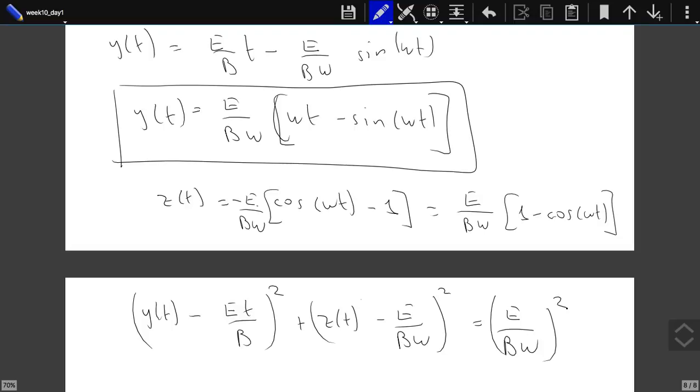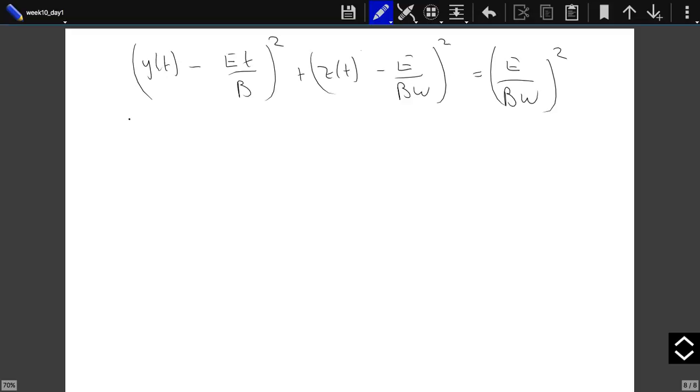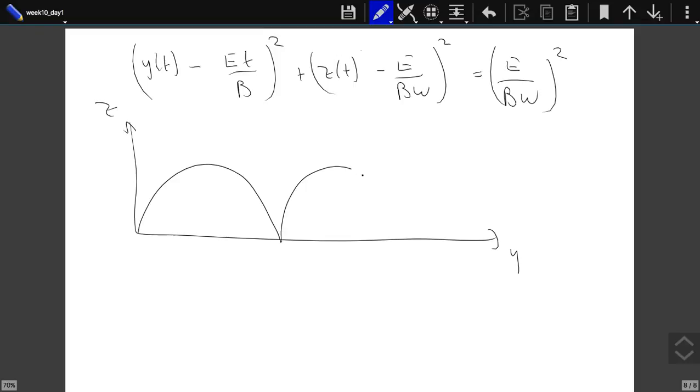So basically, the motion is exactly the same as if you take a wheel, choose a point on the edge of the wheel, and roll the wheel. That point that you have chosen follows this trajectory. And the shape will be this one. This is y, this is z.